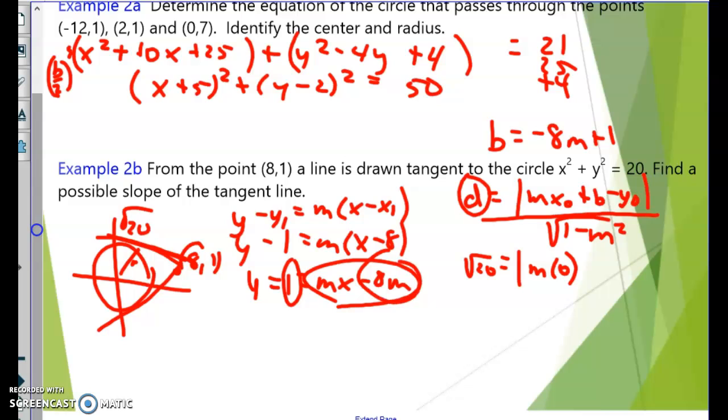Plus, let me make sure I get this right, plus negative 8m plus 1, and then my y sub 0 is also 0, all over the square root of 1 plus m squared, which was given to me.